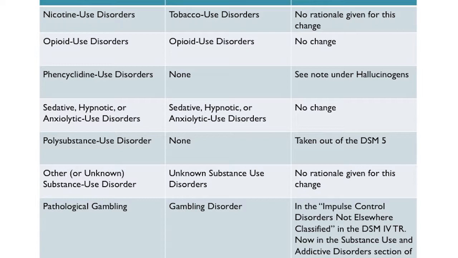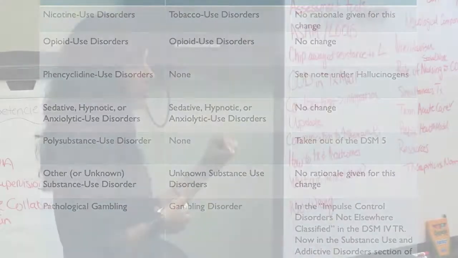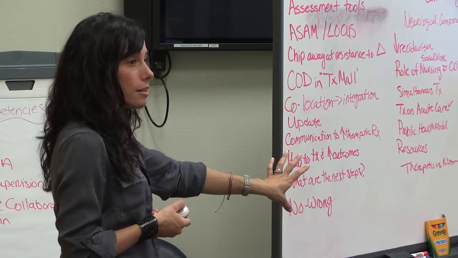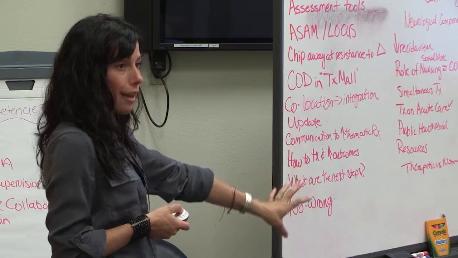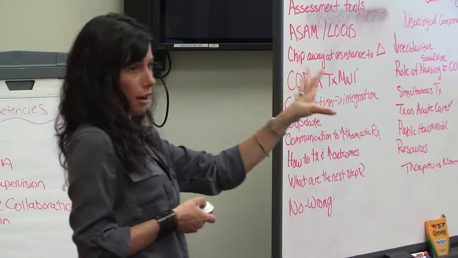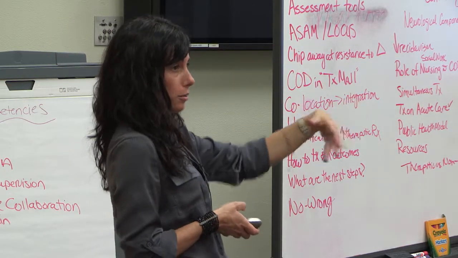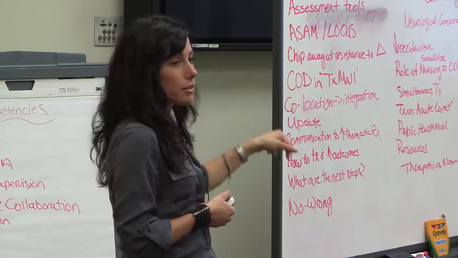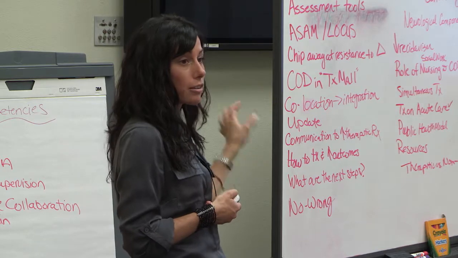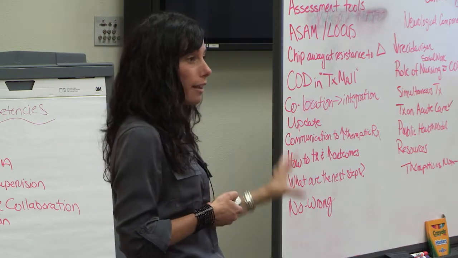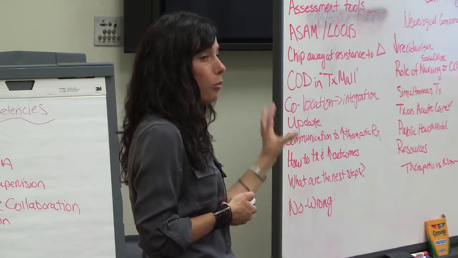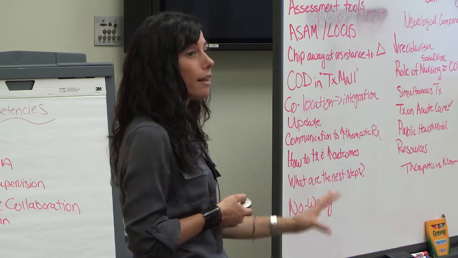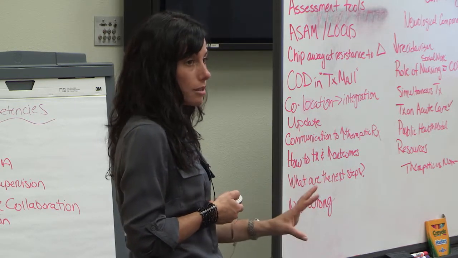And actually, if you read through the criteria for polysubstance use disorder, it's very specific, and it was used like an NOS diagnosis, kind of the garbage can: well, they're on all sorts of stuff, and we can't figure out if it's abuse or dependence, so we're just gonna give them polysubstance dependence. Not anymore. We're actually gonna have to do a little bit more digging to nail down what the substances are and what the level of severity is for each of those substances.